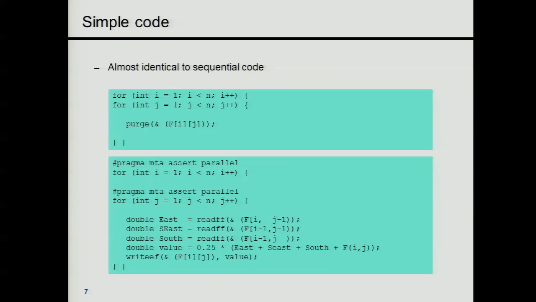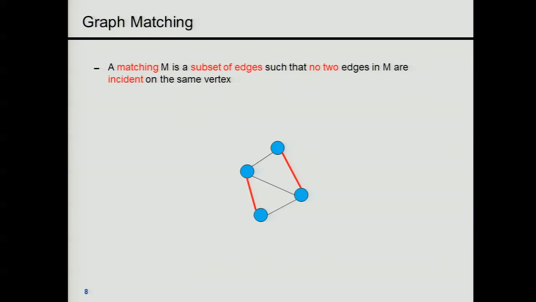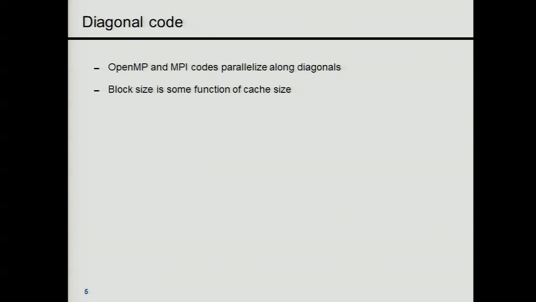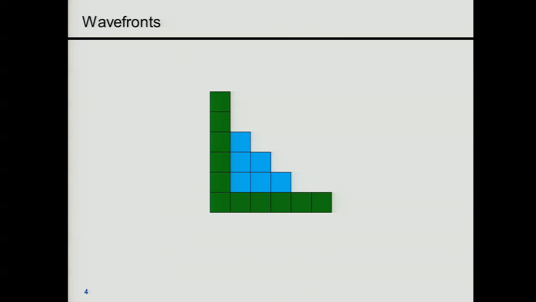Once that full and empty bit is filled, oops, went the wrong way. Let's go back here. So now this cell here, when it goes to do its 3 reads, will find the bit filled. Those reads will complete. It will compute its value. It will write its value, filling its bit. This cell will have read this value because it was never purged.